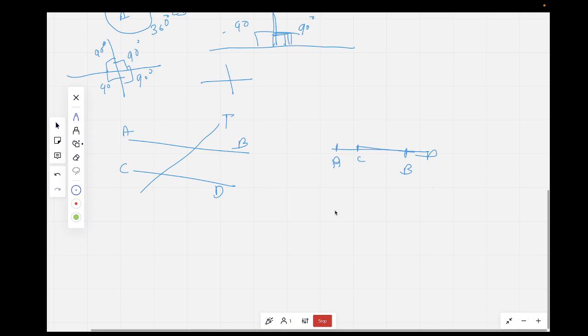But let's say I take this line and it does not superimpose or coincide with line AB. Let's say I draw a line CD parallel to AB.